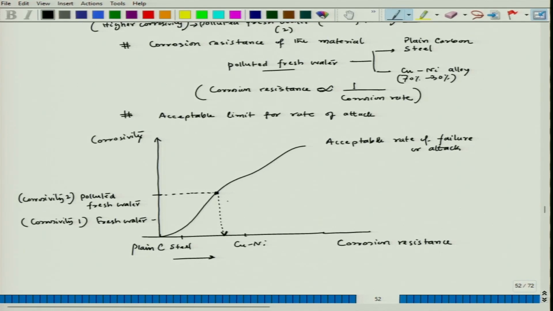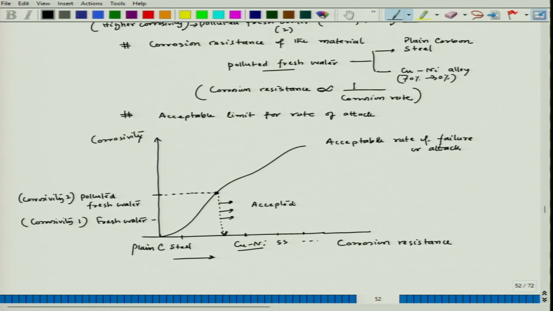So, anything on the right side of this projection on the x axis, whichever materials are coming, let us say this is copper nickel, this is stainless steel, like that, they are coming on the right. So, we can say that those can be accepted.